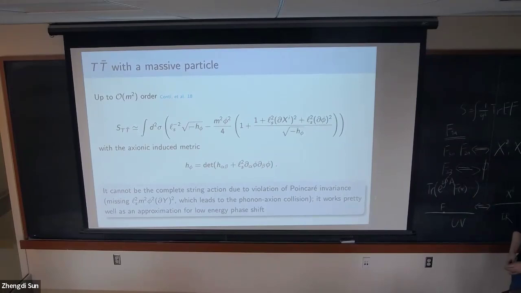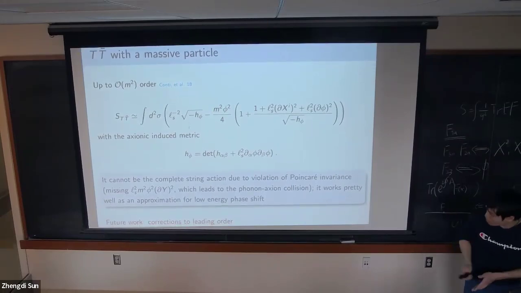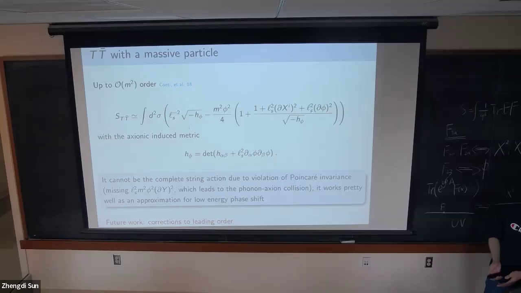After showing you all this data, I'm going to give you a pedagogical argument why we expect the TT-bar deformation to work, and also why it doesn't work for the last case. The TT-bar deformation with two massless particles and one massive particle is given by this formula up to order m squared.